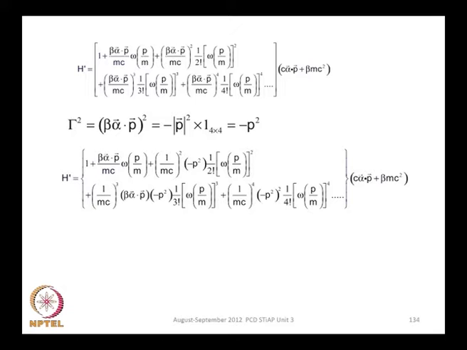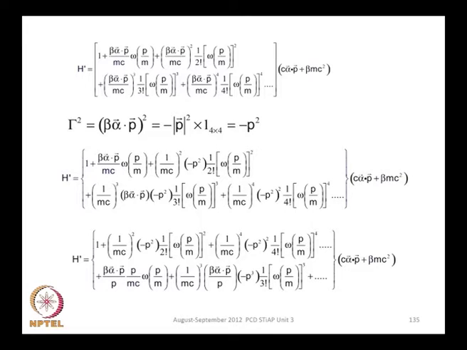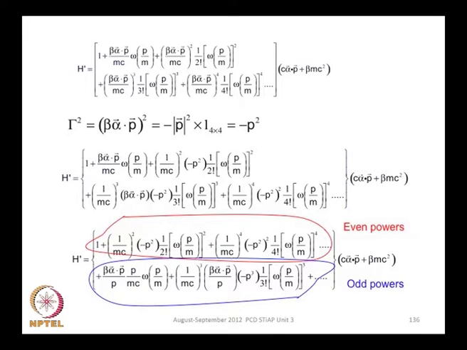Okay. So, in all the even powers, I will get rising exponent of p square by 2. So, that is an advantage that you get, and here you have all the even powers in the first row and all the odd powers in the second row.